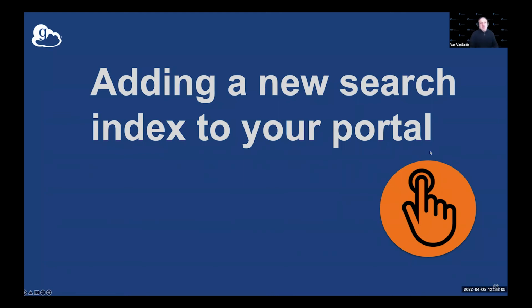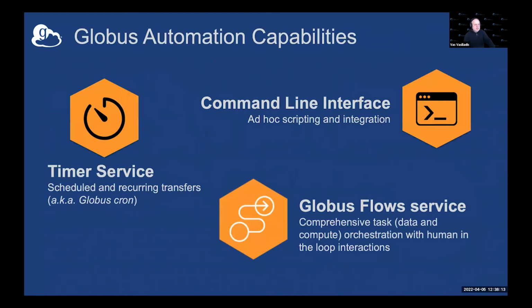So we have a number of tools, a number of approaches that we use in Globus to automate things. To do things at scale, we have in some cases very targeted tools like the timer service.